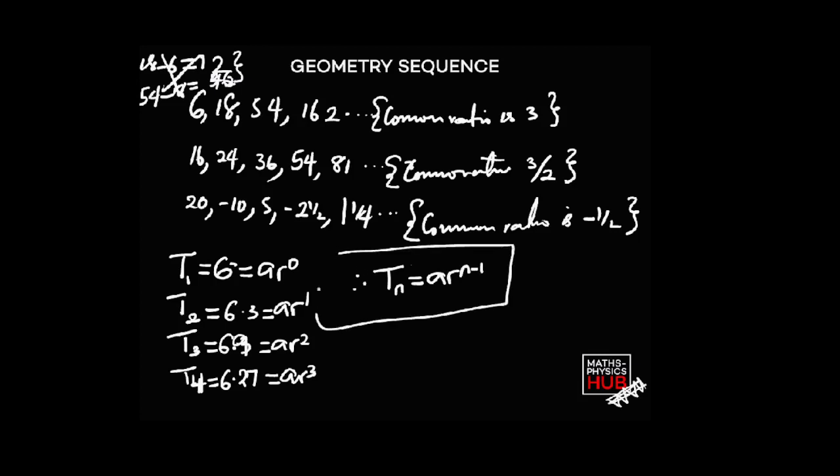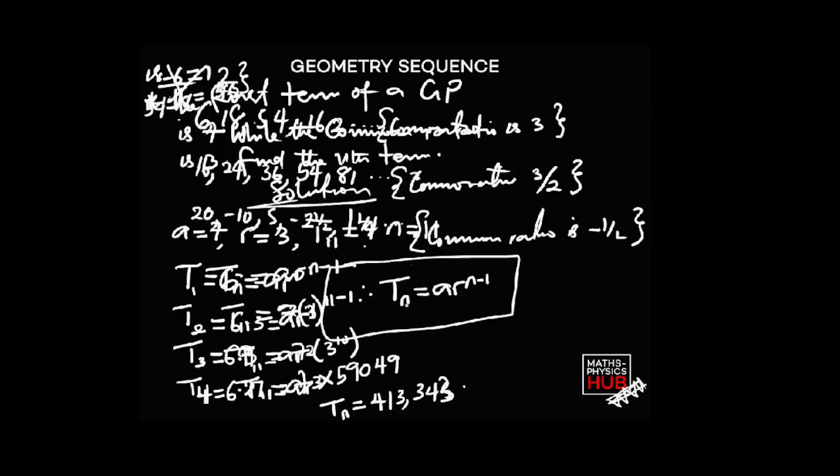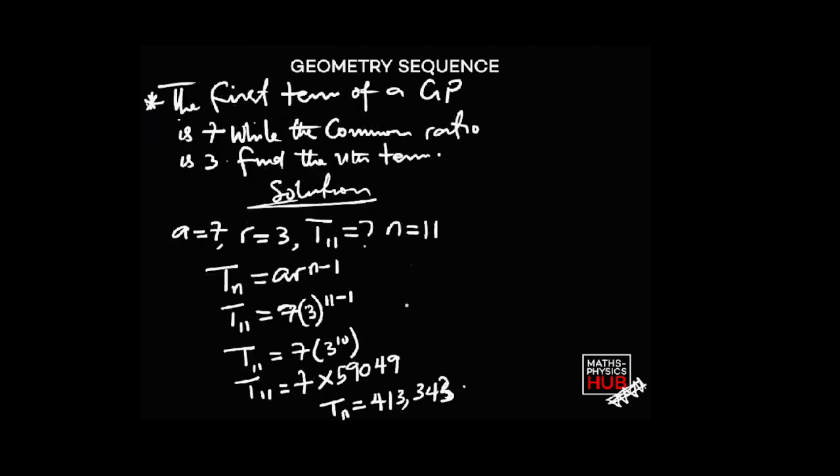So this is the formula for the nth term of a GP. So you can take it down. Quickly take it down, please. Right. So take down the solution.